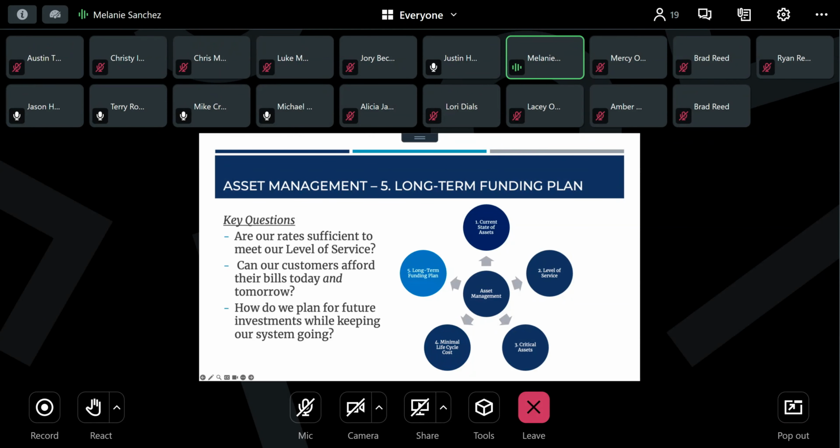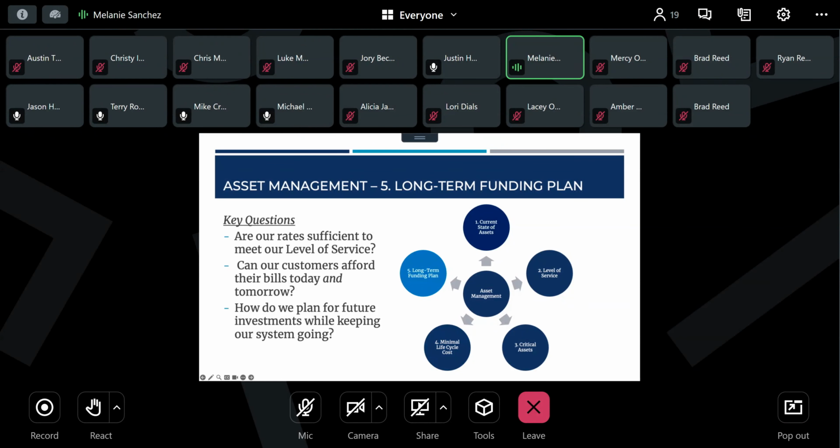It empowers us to make more informed decisions and sets the foundation for a sustainable asset management program. A significant part of the process is creating a financial forecast for our system. The forecast will help us evaluate the financial health of our water system and make informed decisions about long-term funding strategies.